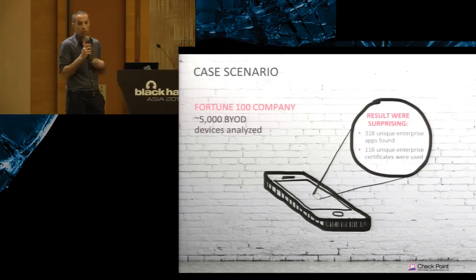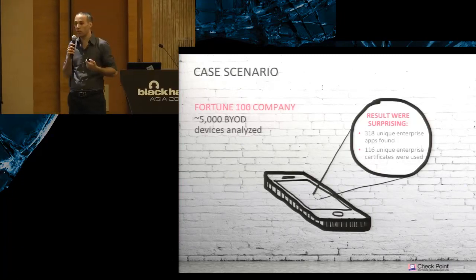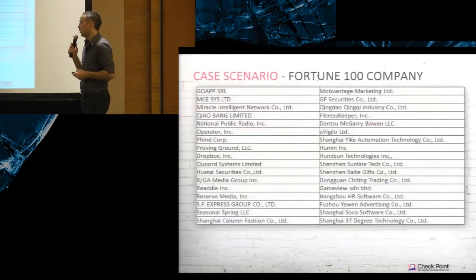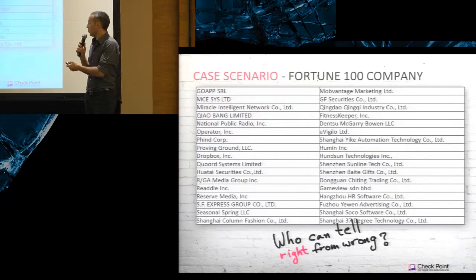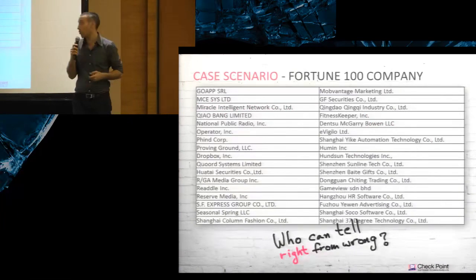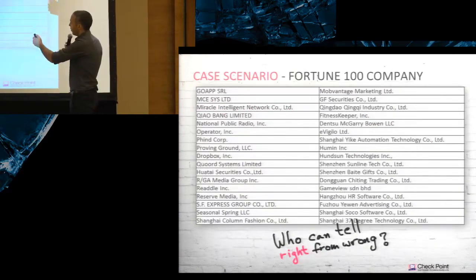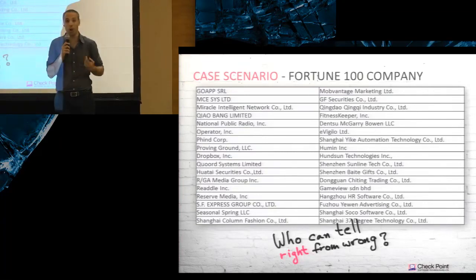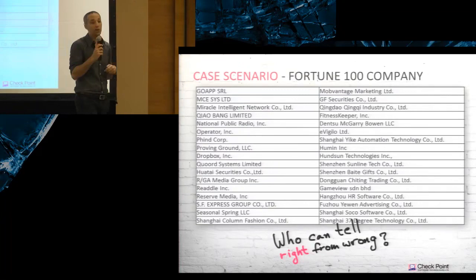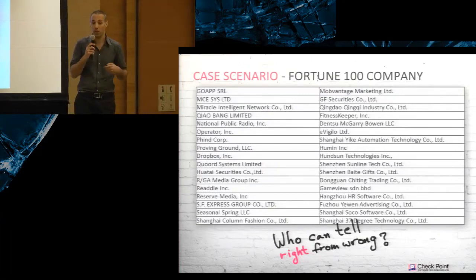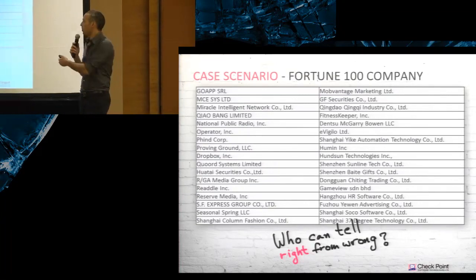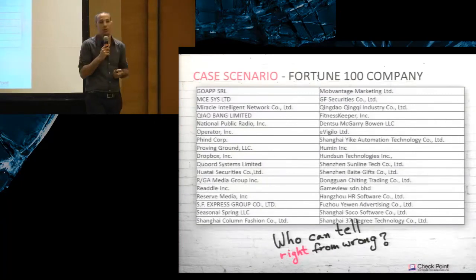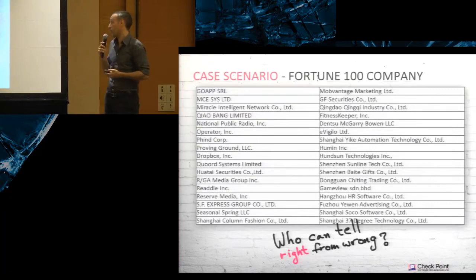And when we drilled into it and tried to see who issues these certificates, this is some of the list that we got. As you can see, it's very hard to tell right from wrong. You might see a company like Dropbox, and it's still strange why Dropbox would deploy an enterprise certificate application to another company. But most of the companies here are unknown, and you won't be able to tell what exactly they are doing.